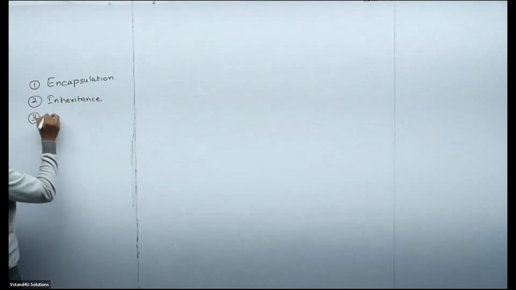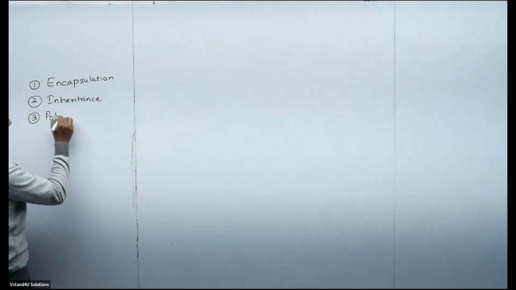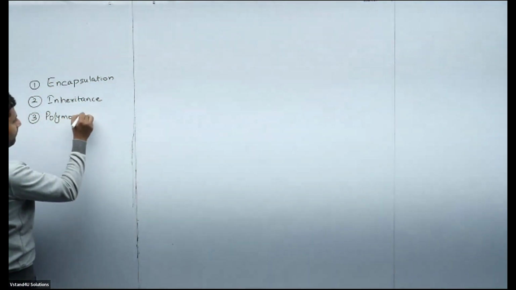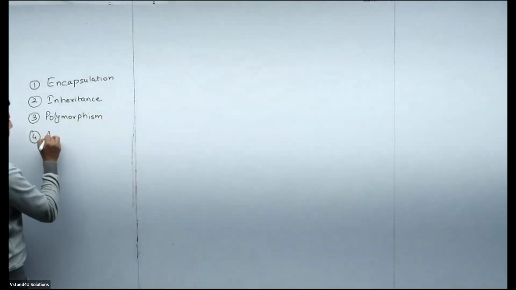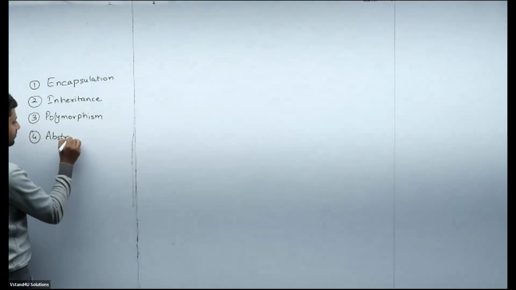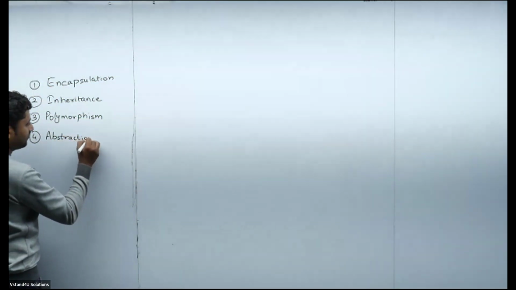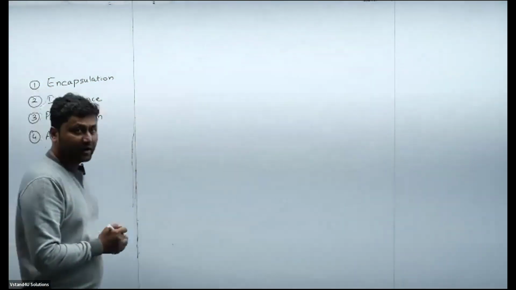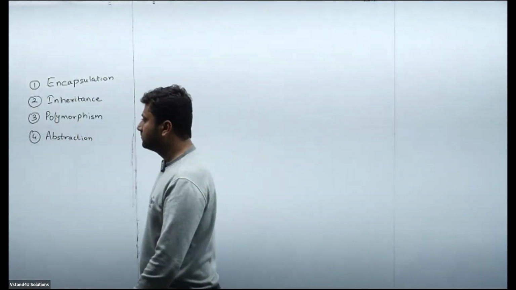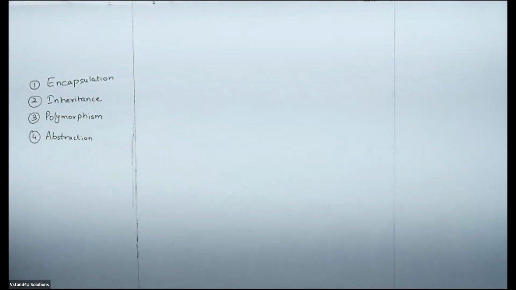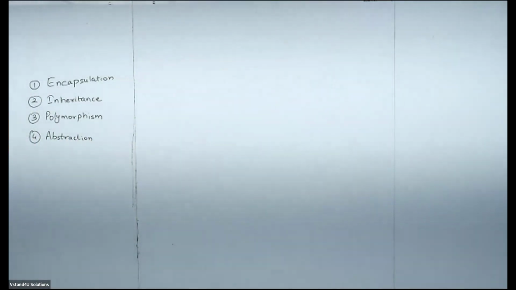Third one, polymorphism. Fourth one, abstraction. Right? These are the areas. These are the 4 pillars of our OOPS.